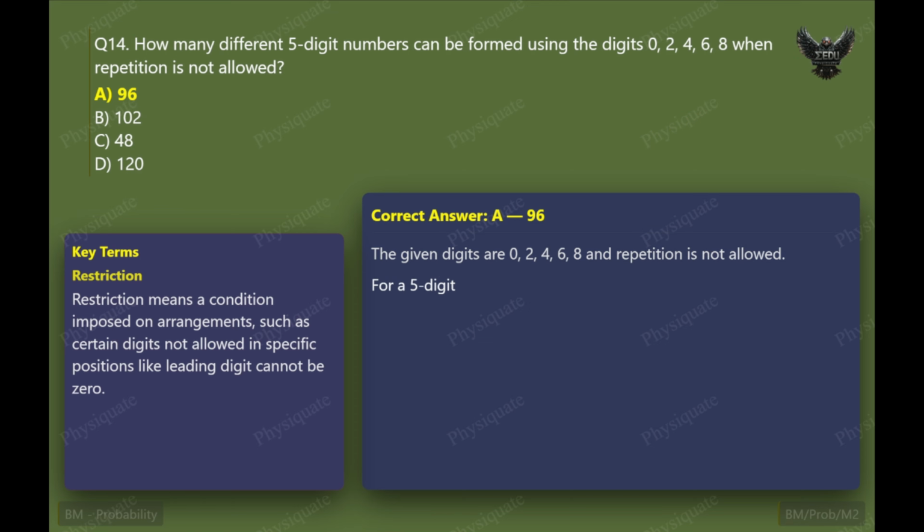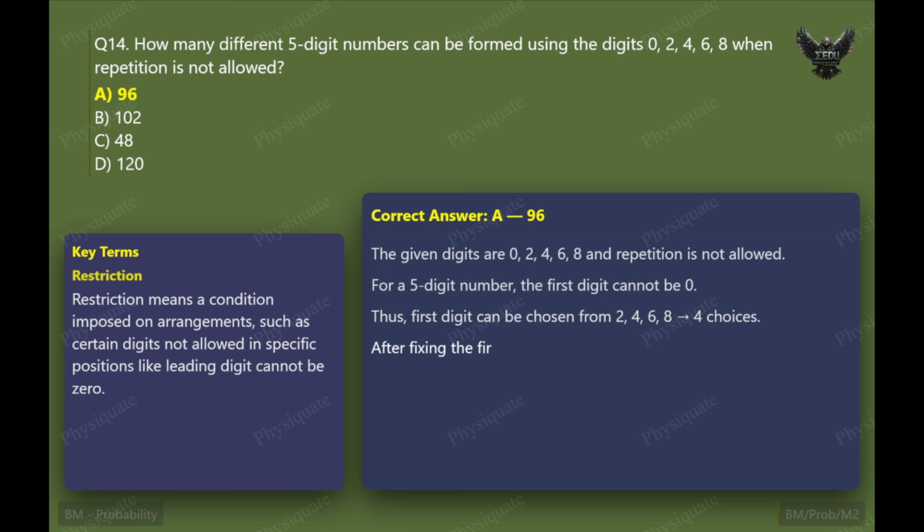For a 5-digit number, the first digit cannot be 0. Thus, first digit can be chosen from 2, 4, 6, 8, giving 4 choices. After fixing the first digit, remaining 4 digits, including 0, can be arranged in remaining 4 positions. Let us examine permutation.